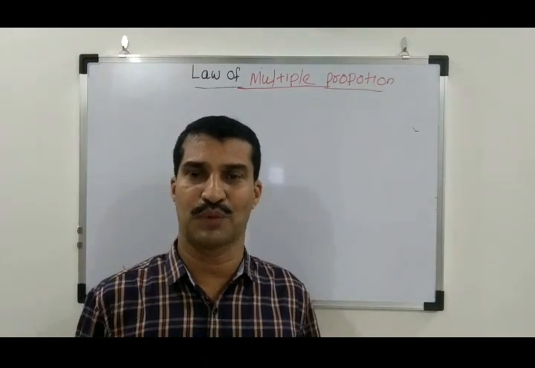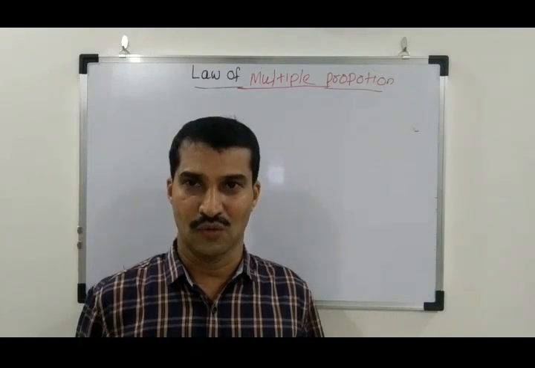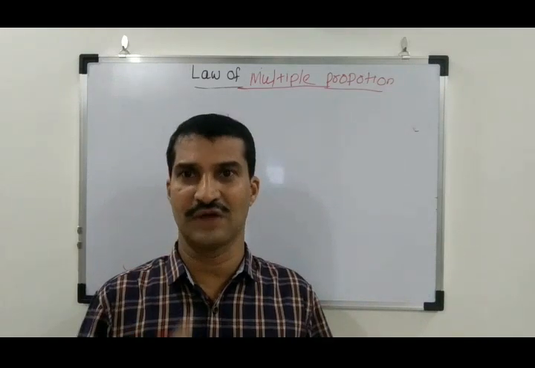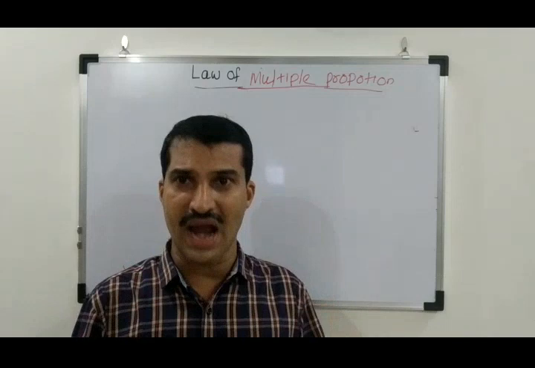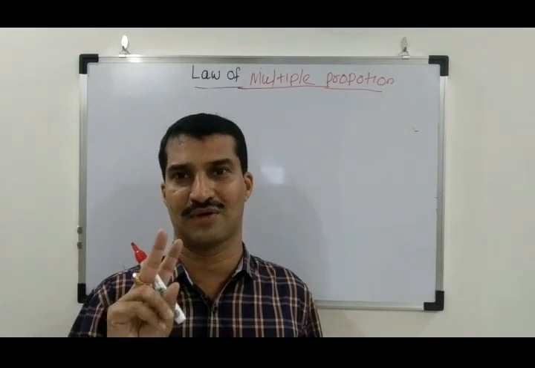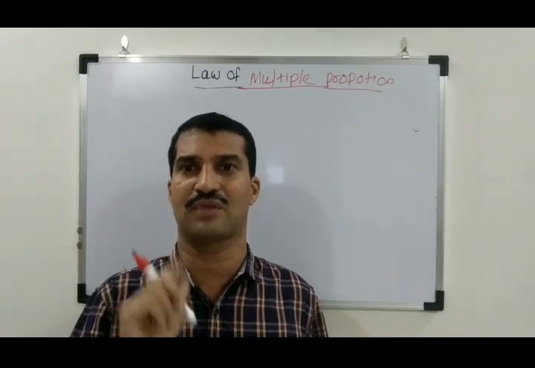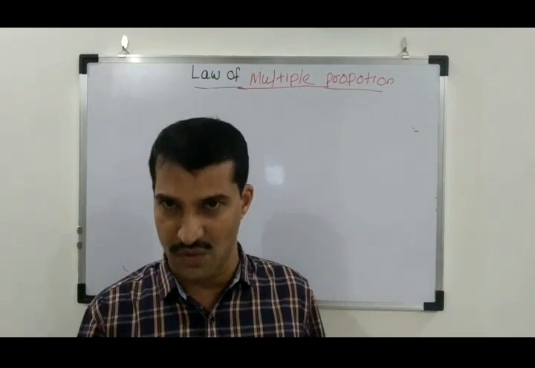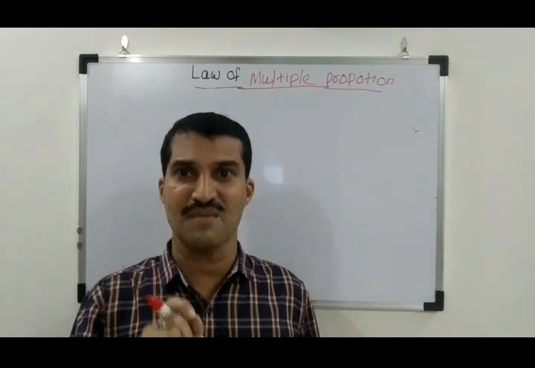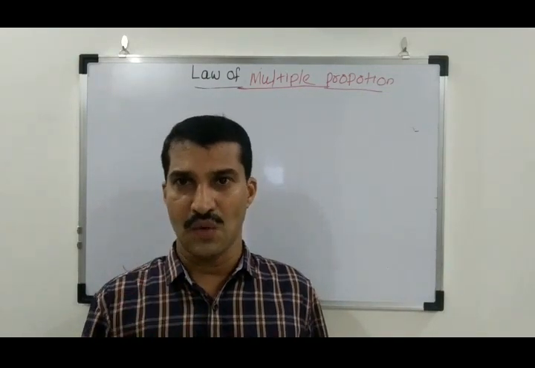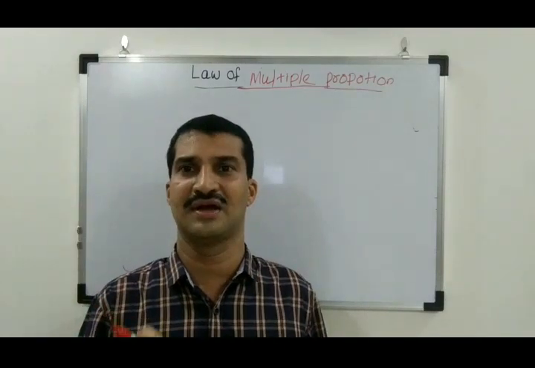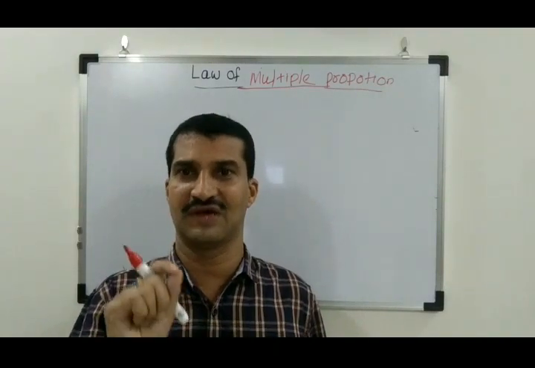Law of multiple proportion tells that whenever two different elements combine to form two or more compounds, please remember, when two elements combine to form two or more compounds, then the different masses of one element which combine with a fixed mass of the other element bear a simple ratio to one another.